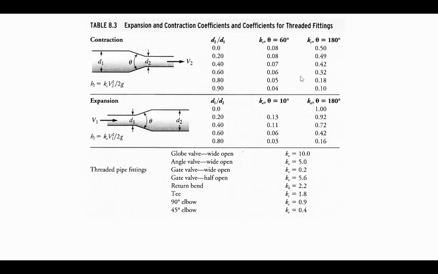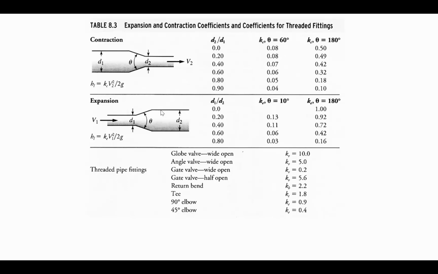So 180 degrees would be a sudden contraction, whereas a 60-degree transition would give it a little bit less opportunity for lots of turbulence, and so the K values are much lower for the more gradual change in diameter.